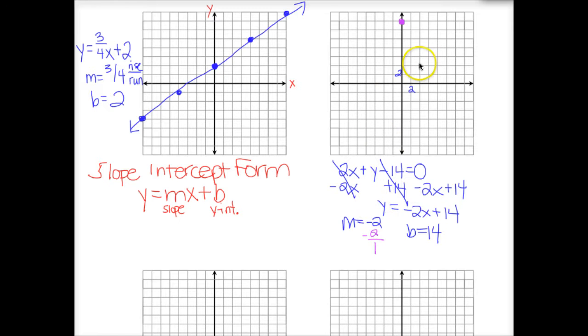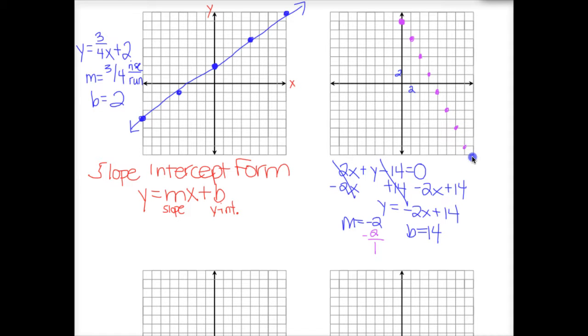So this is what I was talking about when I said if you use the same scale on both axes, you can still count slope, even though you're not counting by ones, because I could still move down 2, right 1, down 2, right 1. Now, you might say, well, wait a minute, Mrs. Thomas, but you're really not moving down 2 and right 1.